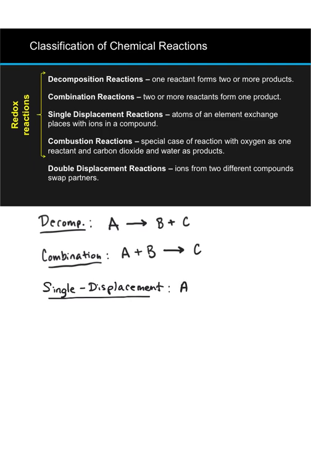Perhaps standalone substance, any old atom, A, reacts with a compound formed from two or more elements chemically bonded together to take the place of one of the components of that compound. Perhaps A takes B's place in the compound and displaces element B so that it is all by itself as a product.